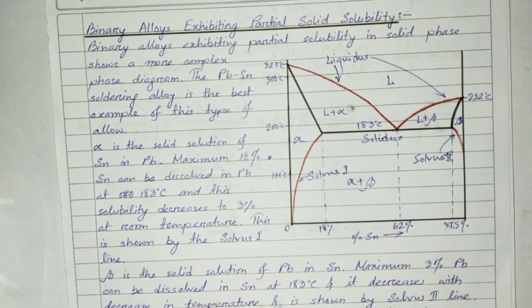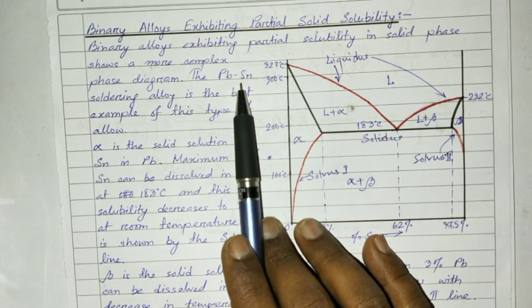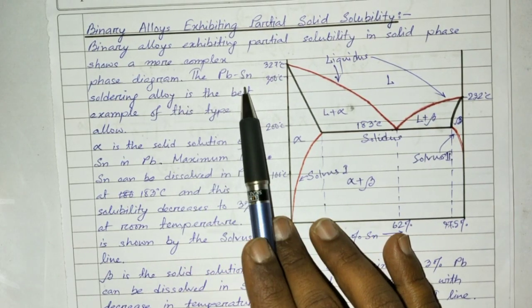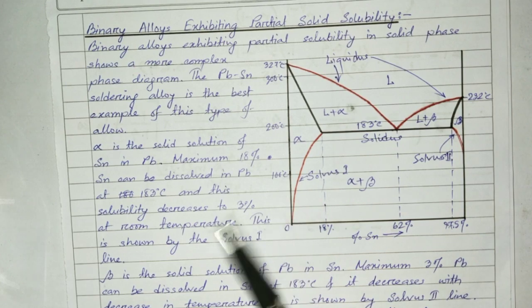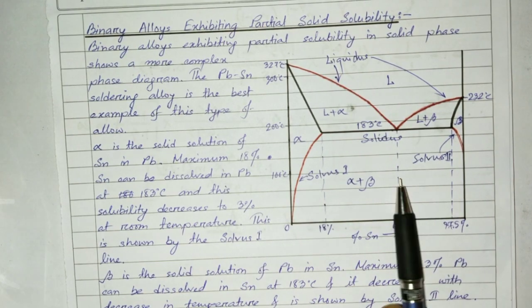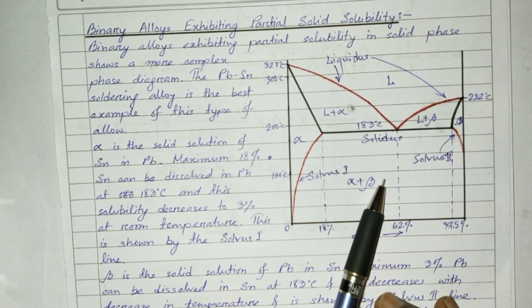One of the best examples of this type of binary alloy system is the alloy system of lead and tin, which is also known as soldering alloy because it was extensively used for soldering purposes. Now the diagram gets updated.